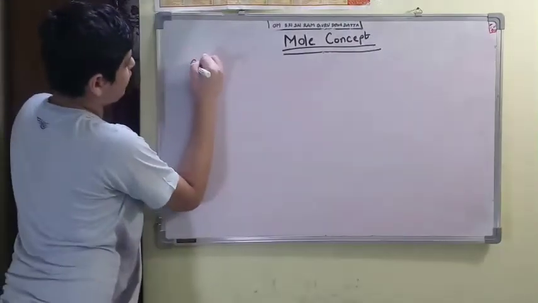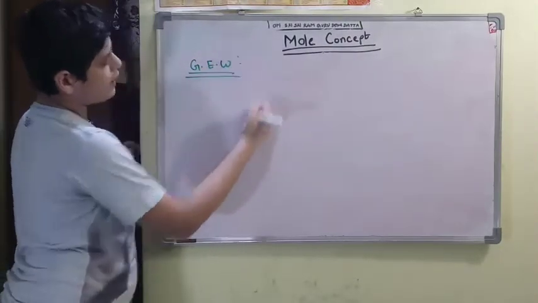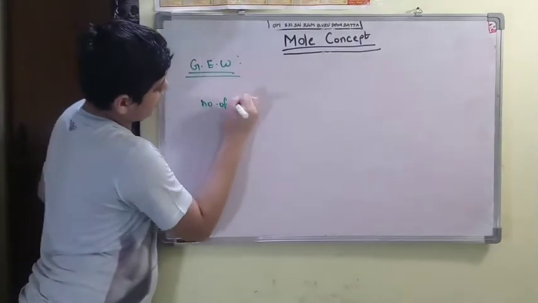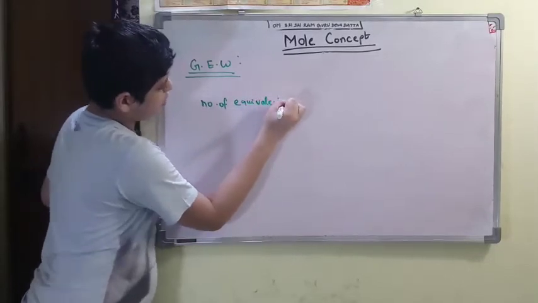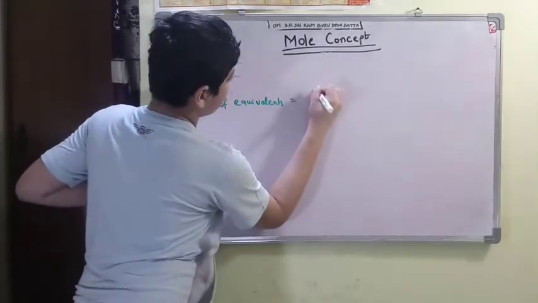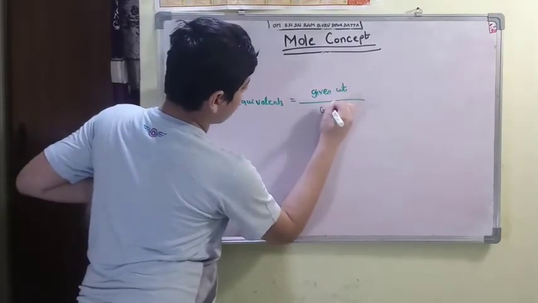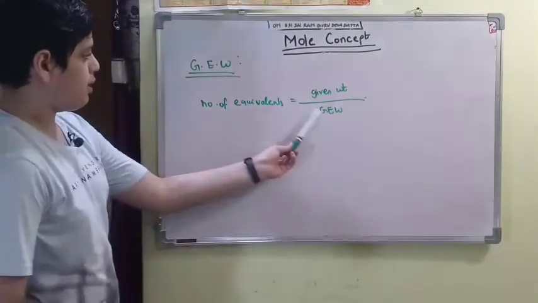Gram equivalent weights. So what is gram equivalent weight? So the basic formula is number of equivalents is equal to given weight of substance upon gram equivalent weight. Okay, so what is gram equivalent weight?